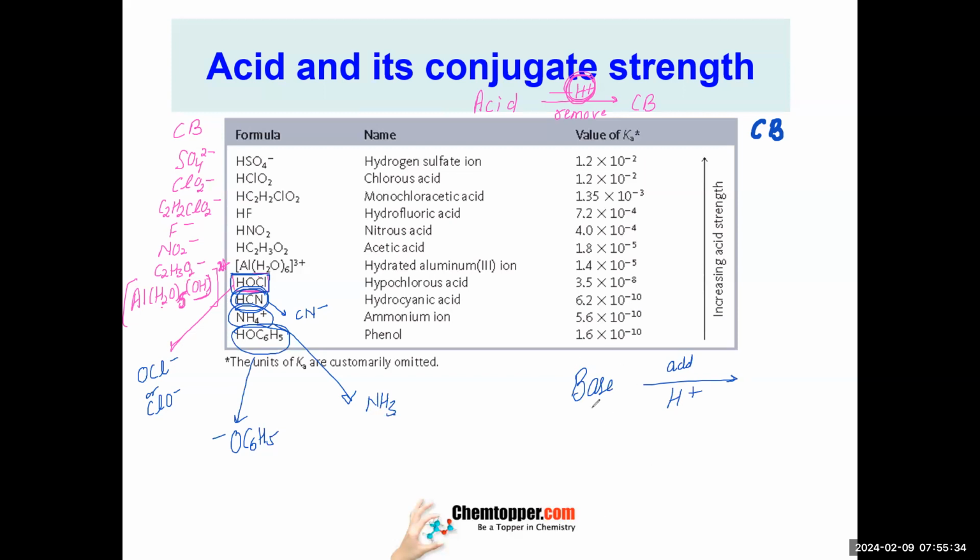So you have to see the charge mathematically also. Like if this base has no charge, let's say this is B, it will become HB plus. If I give you a base with a negative charge, to add H plus, mathematically, it will become HB. Very good, Azuni. Perfect. Very good. Children, are you getting this?